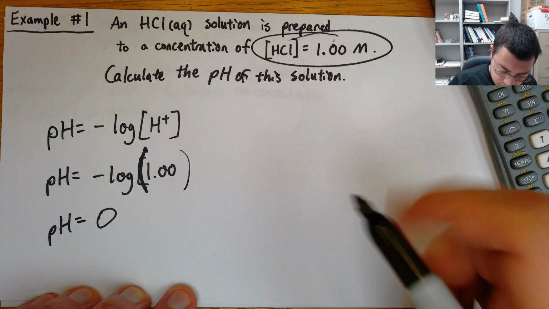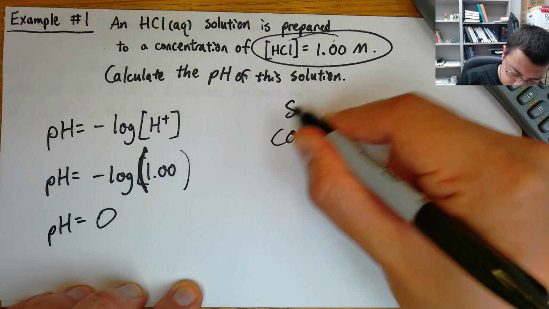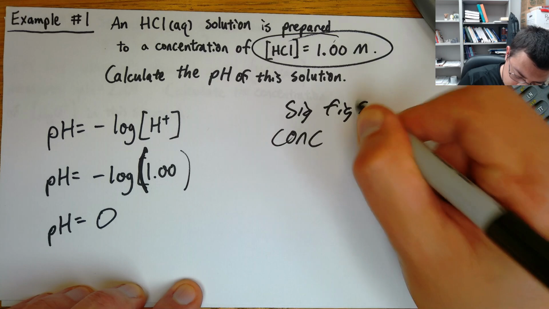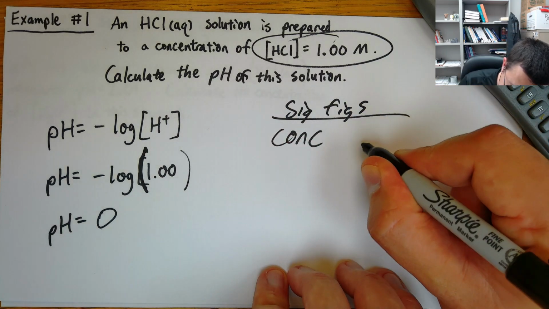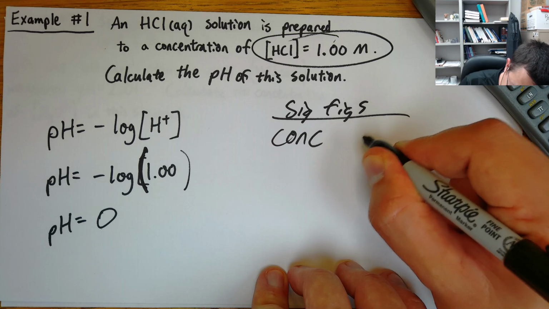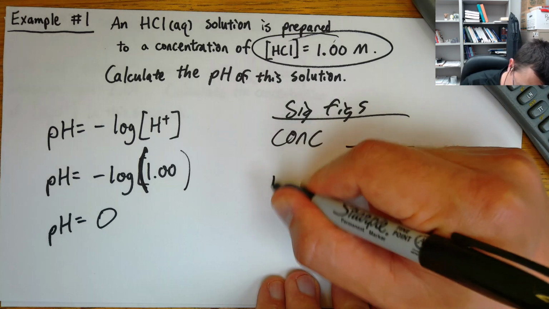So this is for sig figs. Whatever the number of sig figs in our concentrations, that determines the number for our pH.